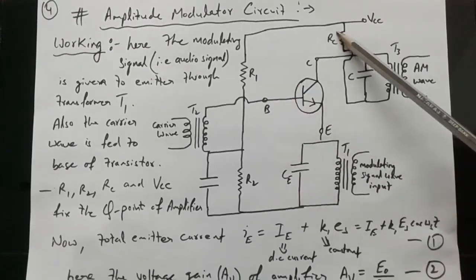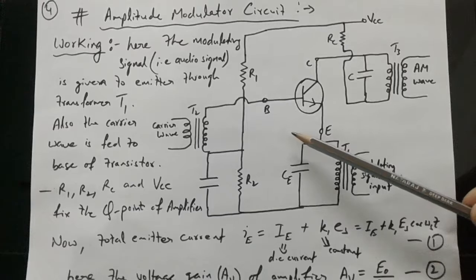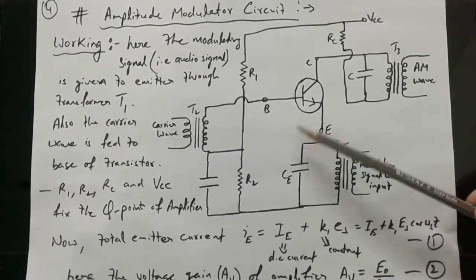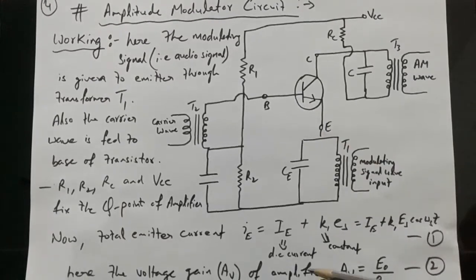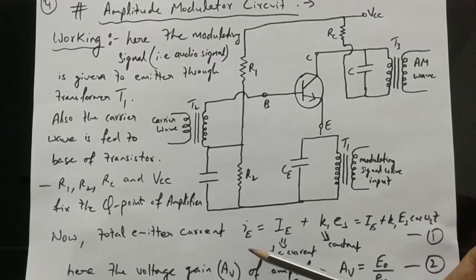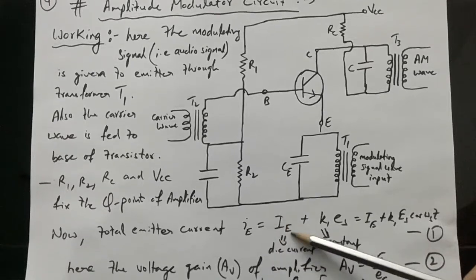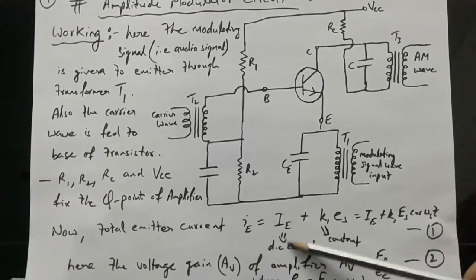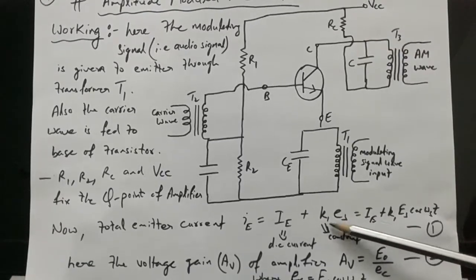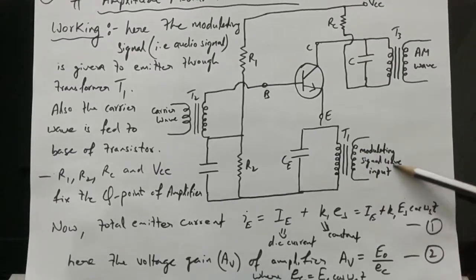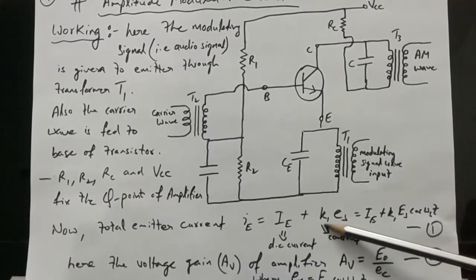Now one thing you must notice is that the total emitter current IE is equal to the DC current provided by this voltage VCC, plus a term proportional to the instantaneous value of this audio signal, with constant of proportionality K1.